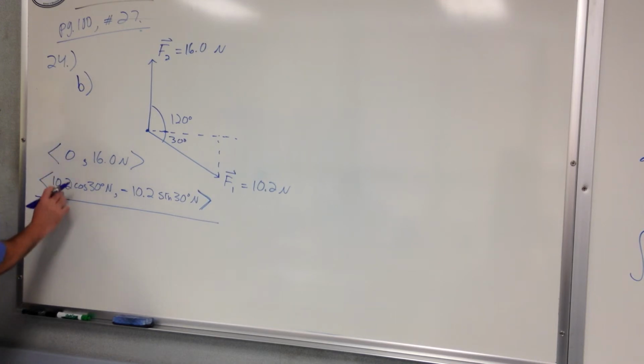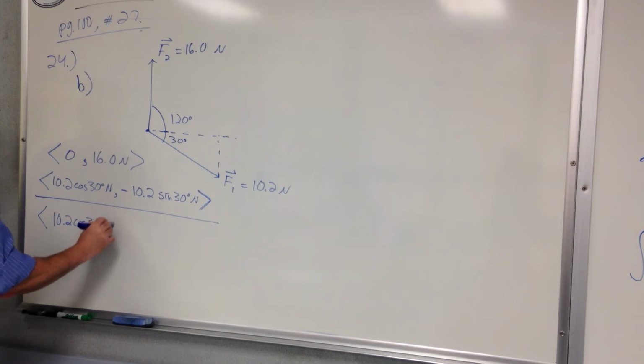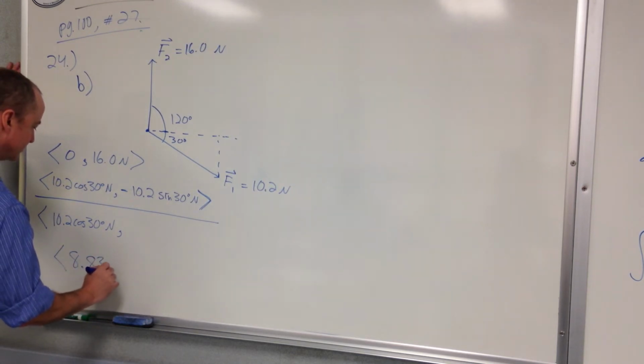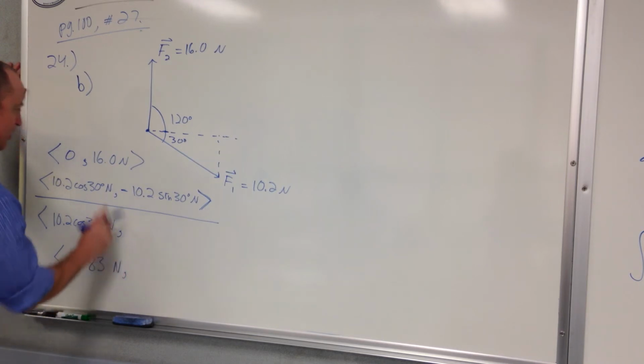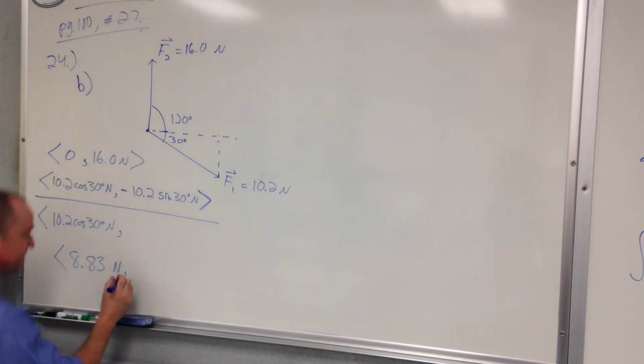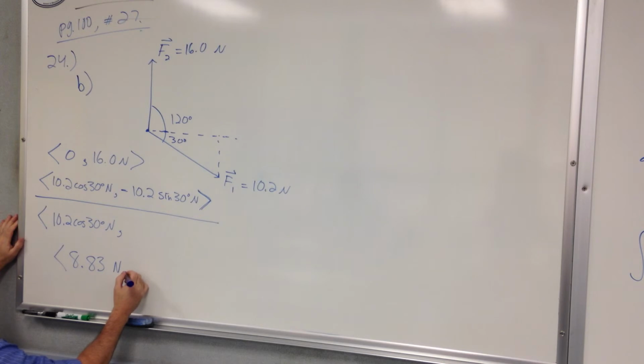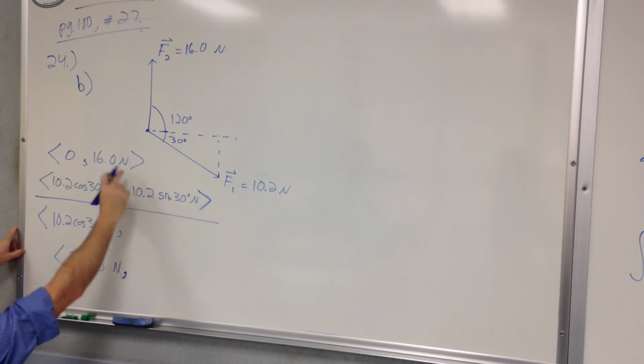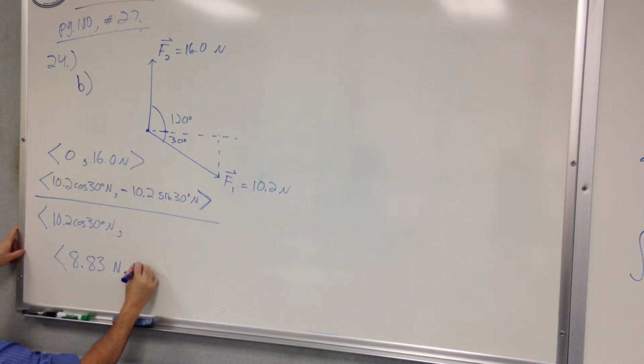When I add them, I just get 10.2 cosine 30 degrees, which is 8.83 newtons. All right, now what about 16 minus 10.2 sine 30? Actually, sine 30 is 1/2, so that's 5.1, so you should get 10.9 newtons.